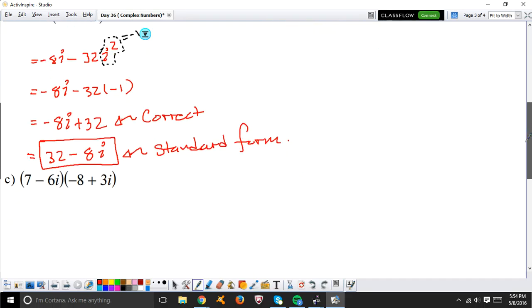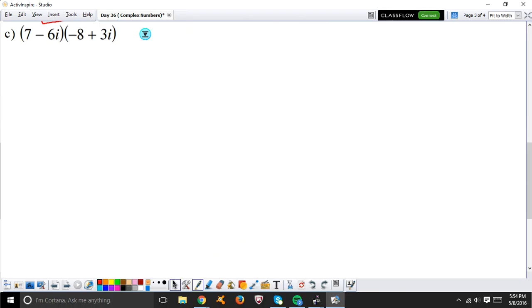Okay. So now, let's look at another example here. Example 7. So we got here, we're multiplying. So let's multiply these. So 7 times negative 8. That is equal to, let's see, 48.